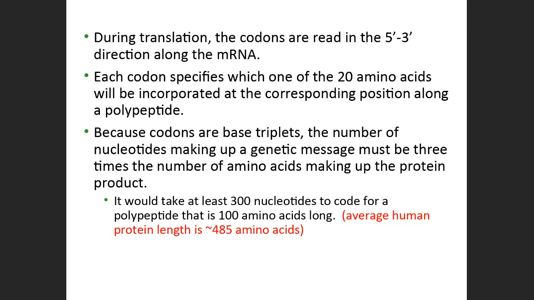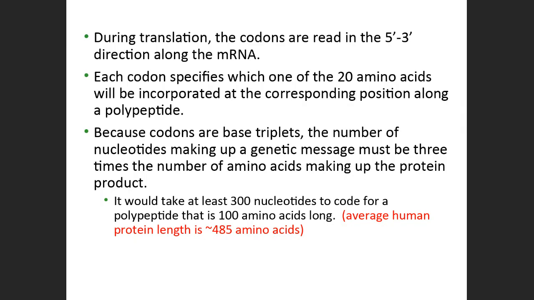The number of nucleotides making up a genetic message must be 3 times the number of amino acids making up the protein product, right? Because one amino acid requires 3 nucleotides in the codon. So we need 3 times as many nucleotides as there are amino acids.